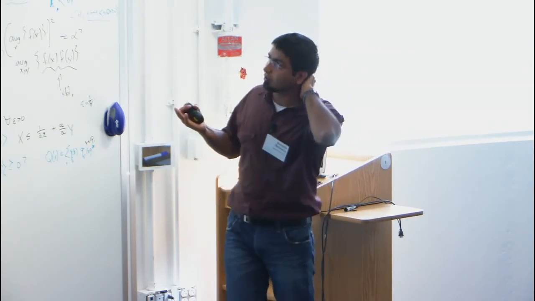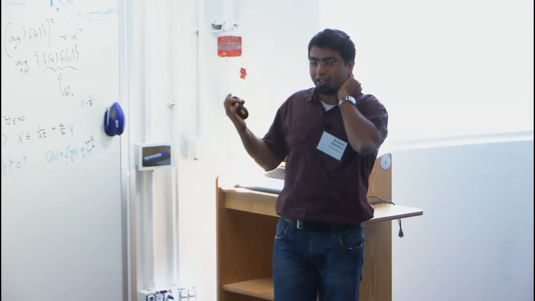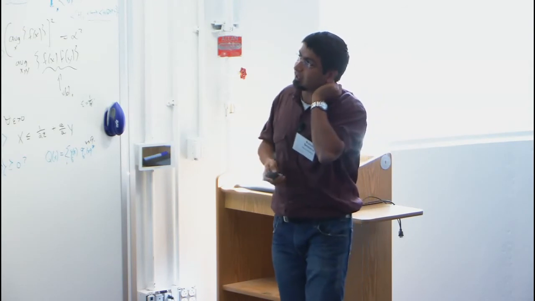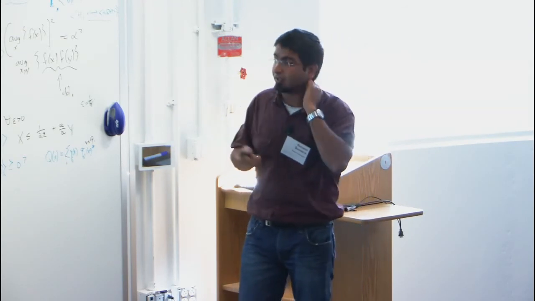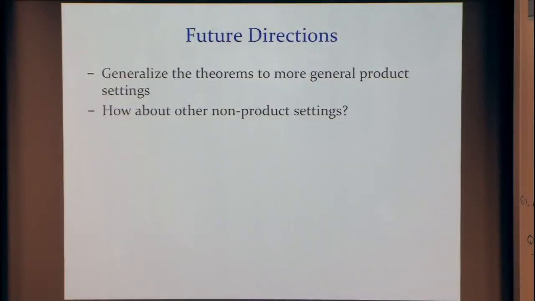I didn't get into the details, but there are a couple of very nice results that work in the non-product setting and give you these results. You have to define influence more carefully, but you can get similar results in non-product settings. Can we obtain any other settings where such results are true? In particular, for the Junta theorem, we don't really know non-product settings where this is true.